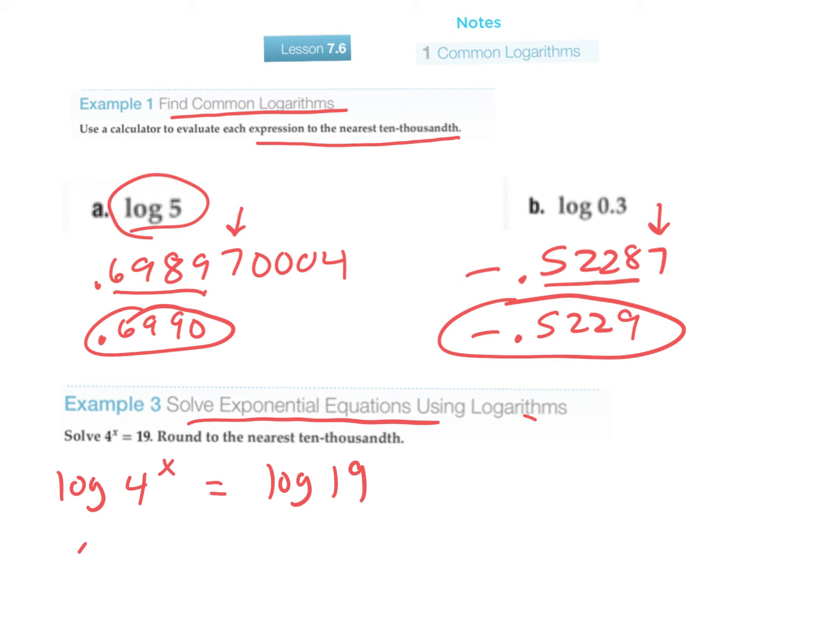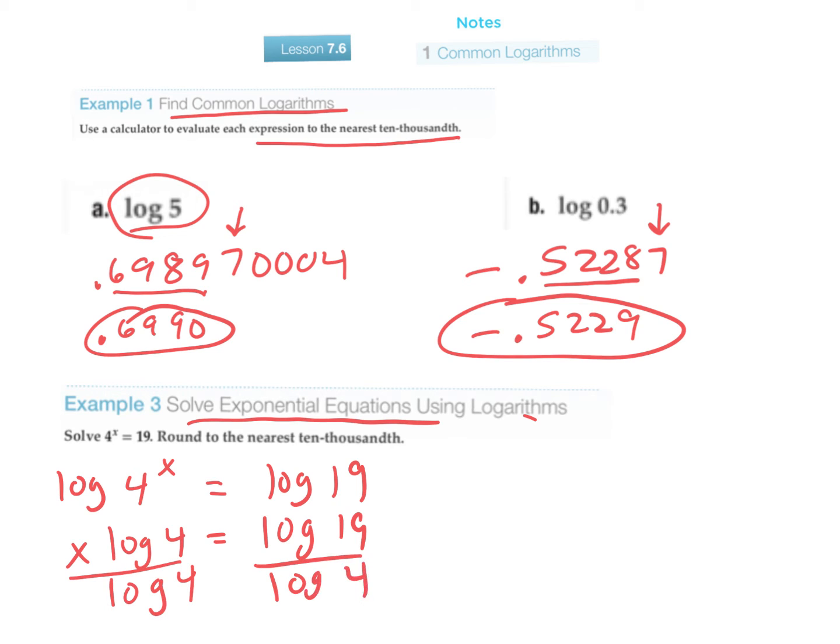So this exponent goes in front of my log. x times log 4 equals log 19. And by doing that, I can solve for x by dividing by log 4. So x equals log 19 over the log of 4. And so they're so common, we can just use logs to solve. And this we can put in our calculator.